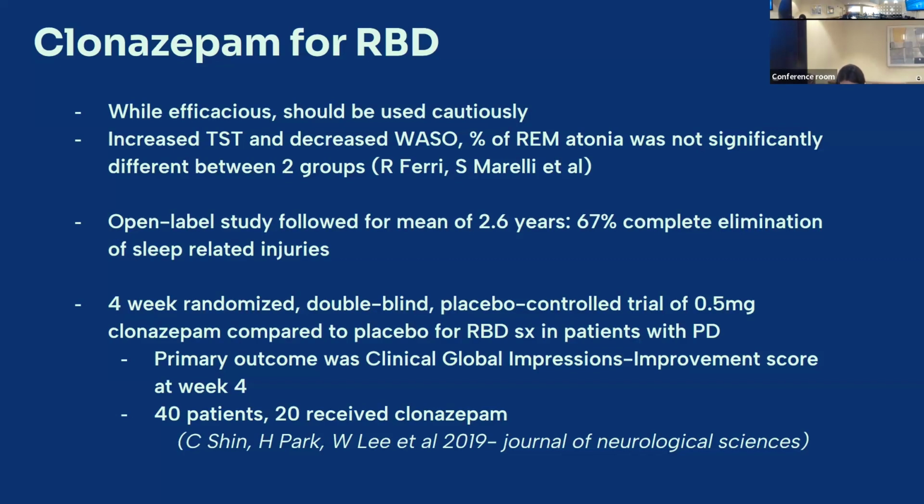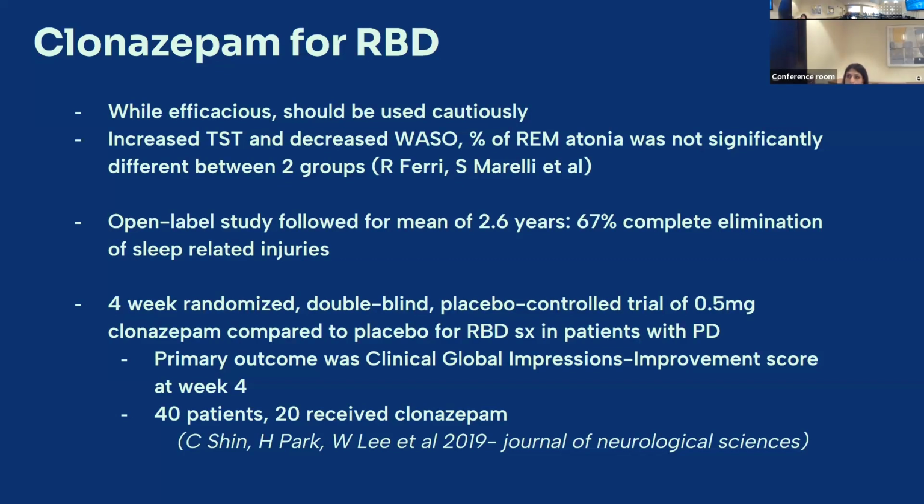Clonazepam increased total sleep time and decreased wake after sleep onset compared to controls, and the percent of REM atonia was not significantly different. The RBD severity scores on clonazepam didn't change much in follow-up at 2.6 years.